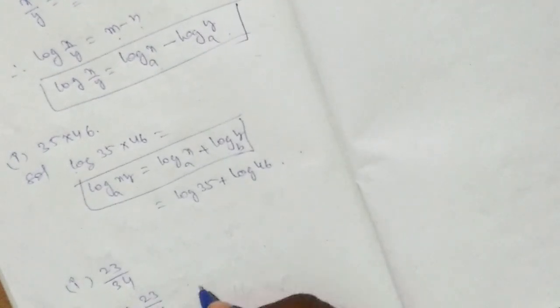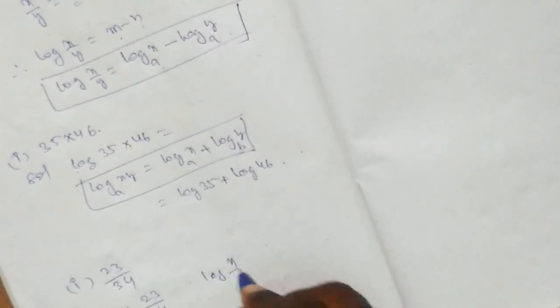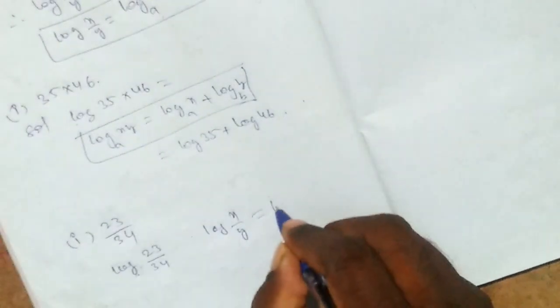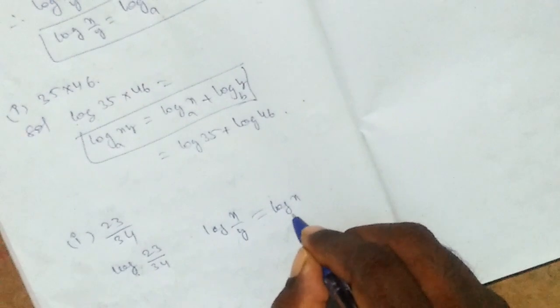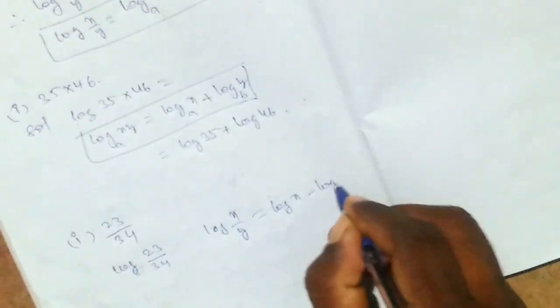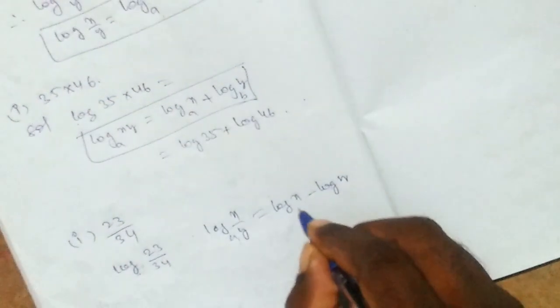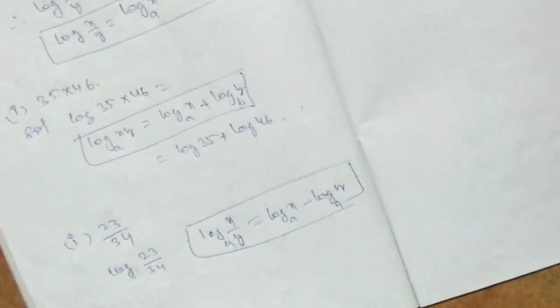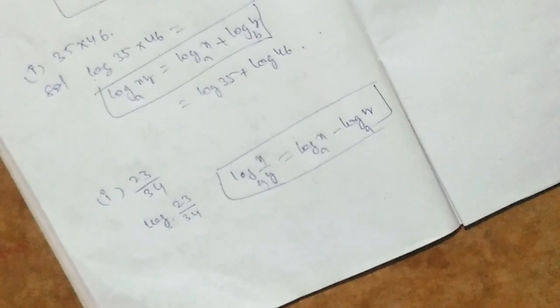So here also we have base 10. So how is it, log of x by y? What is the formula? Log x minus log y, base a. This is the formula I am going to use here and write the logarithms.